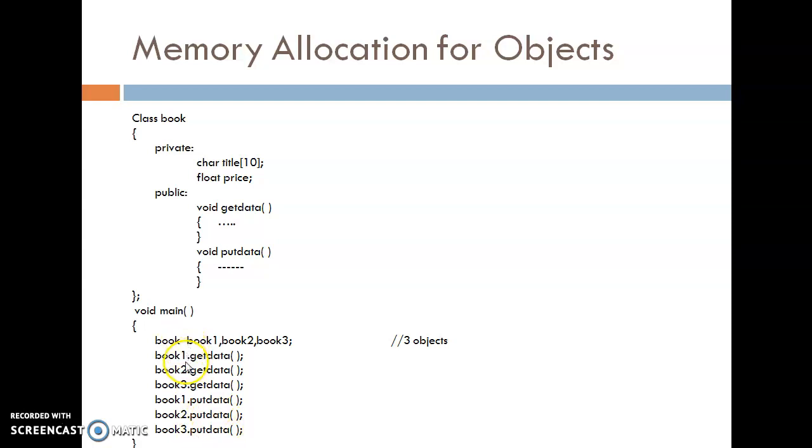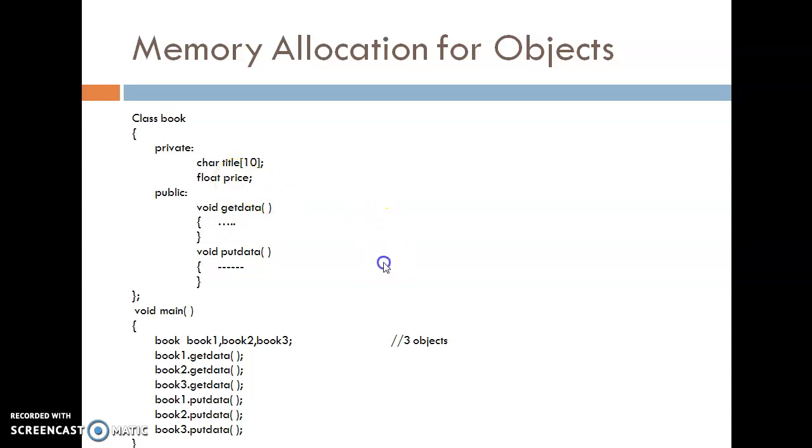For example, in book 1, we have entered the title CP and price 90. For book 2, we have entered title ACP and price 100. For book 3, we have given the title C++ and price 110.